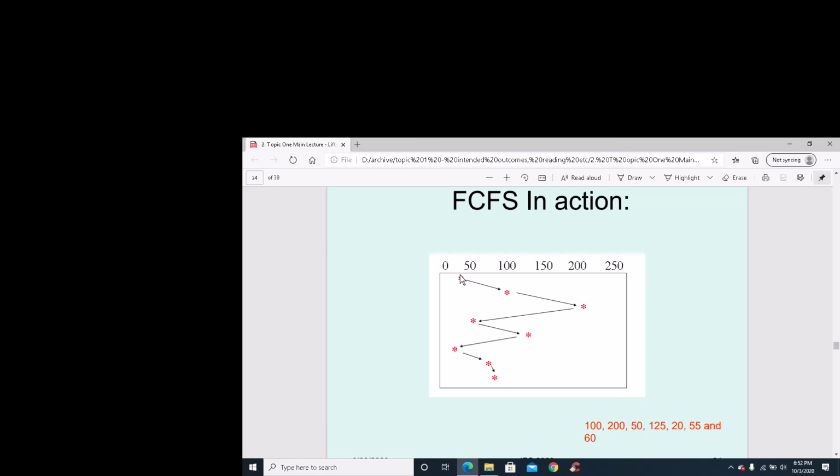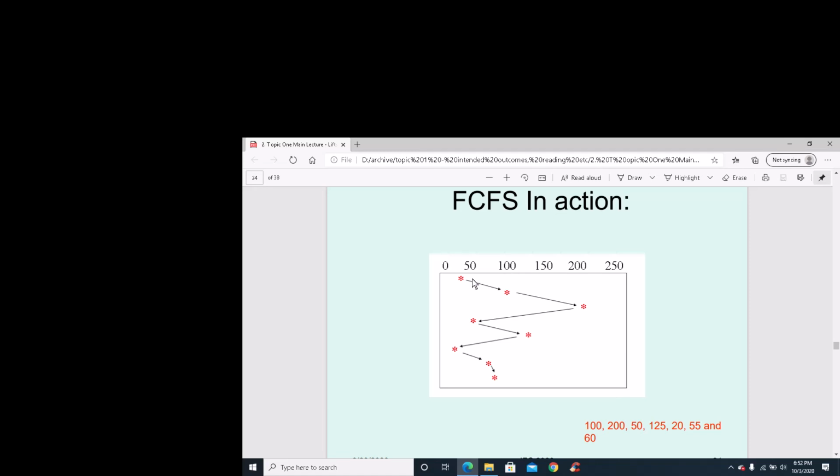So here, sorry, it represents the position of the read-write head. So here, the read-write head is at cylinder 40, and the first request, as you can see, is to move to cylinder 100.